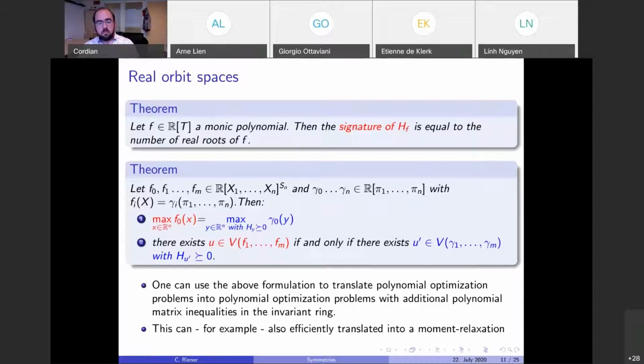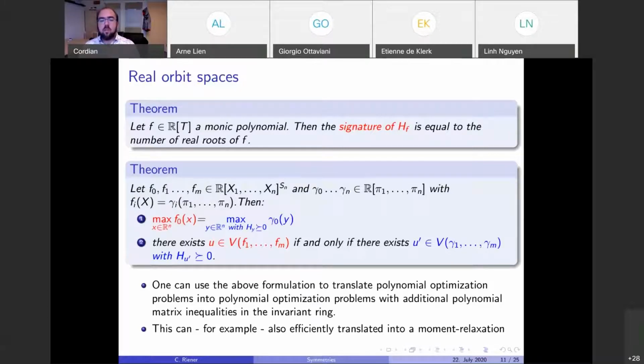So what does this mean? I can use this above observation to transform an invariant polynomial optimization problem into a polynomial optimization problem defined with polynomials in my invariant ring, so with potentially smaller degree.